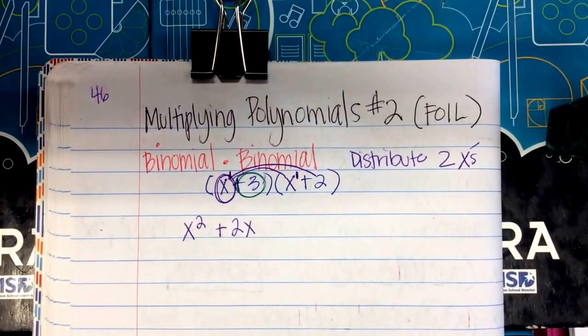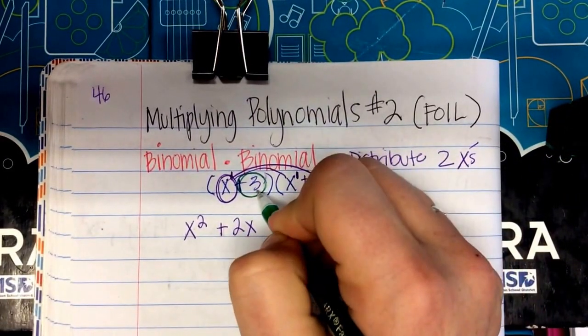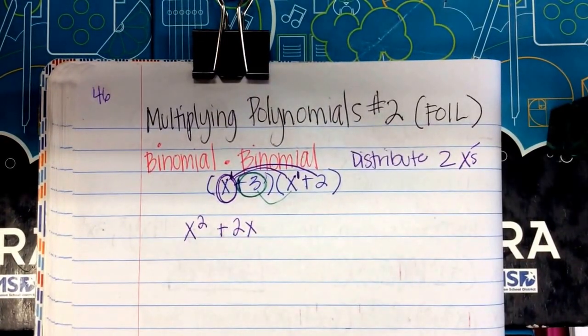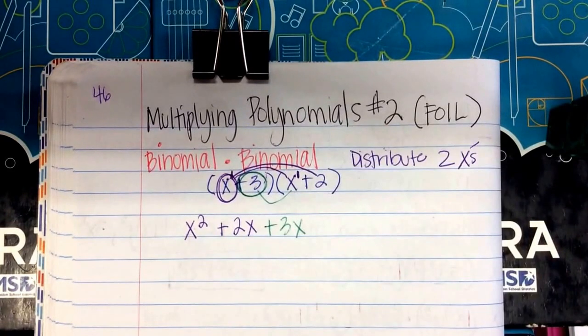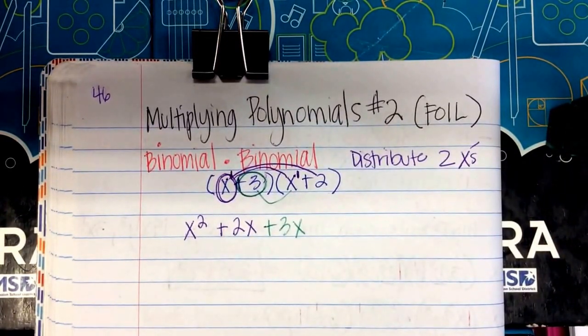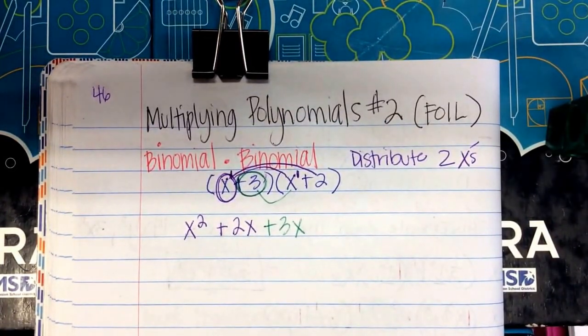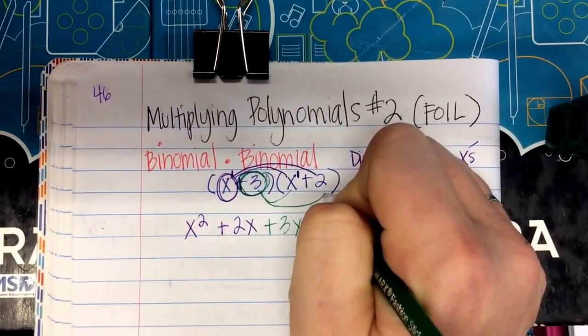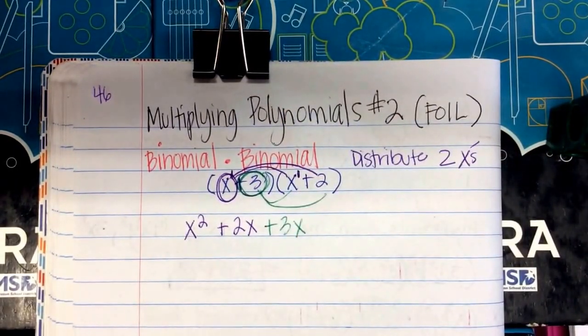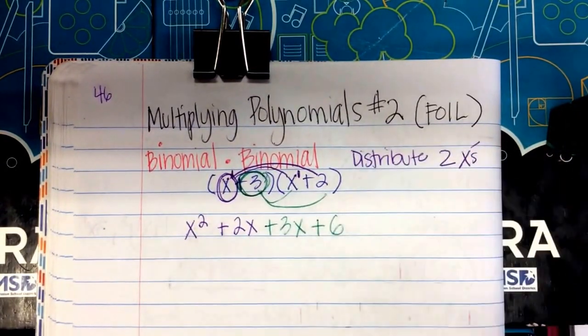You don't need it in parentheses. 3 times x is positive 3x. And 3 times 2 is positive 6.